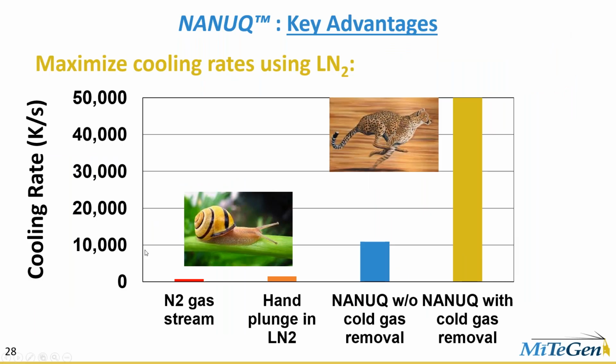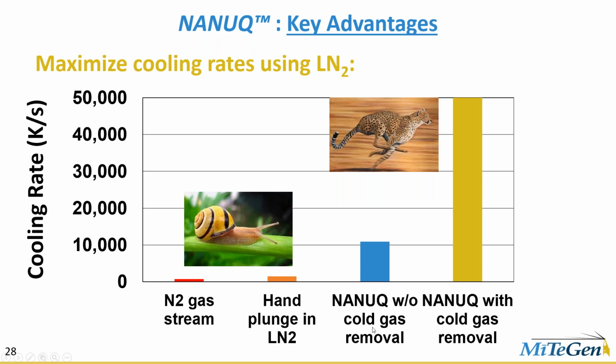So what about performance specs? This is some data for cooling rates in nitrogen gas streams and in hand plunging. These are taken from the published literature. The cooling rates there are between 100 K per second and 1,000 K per second or so.